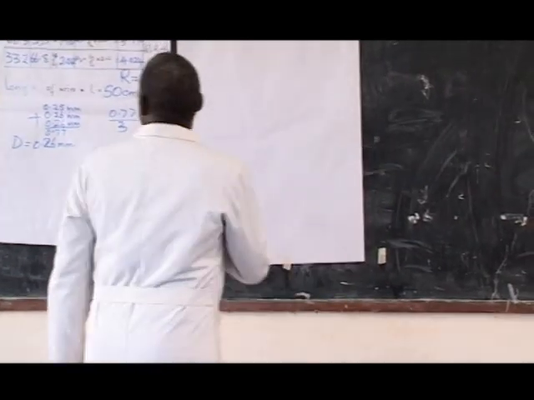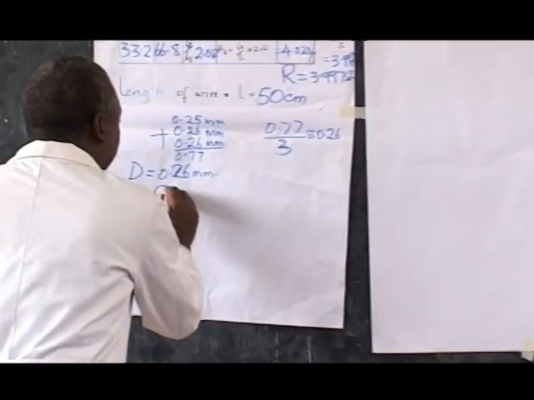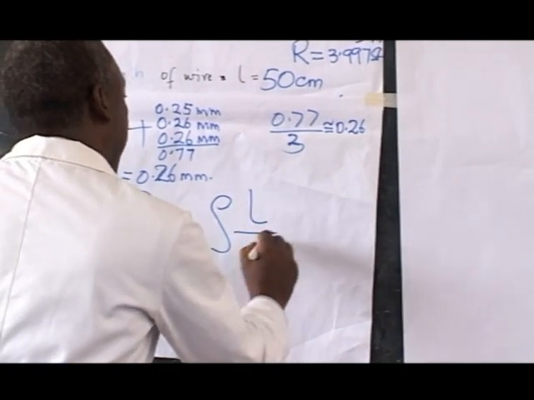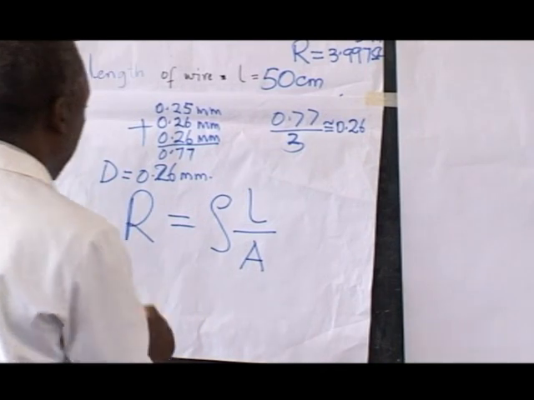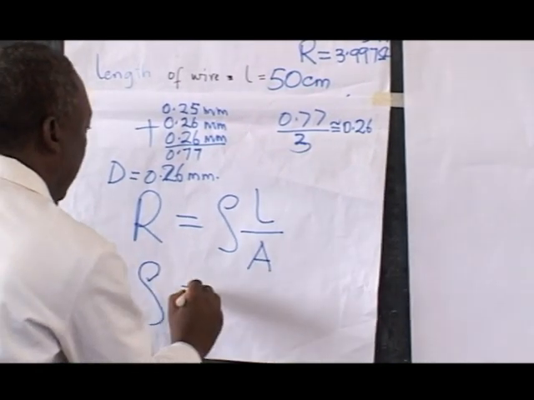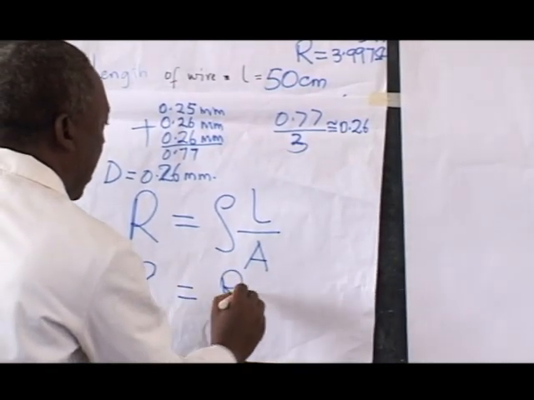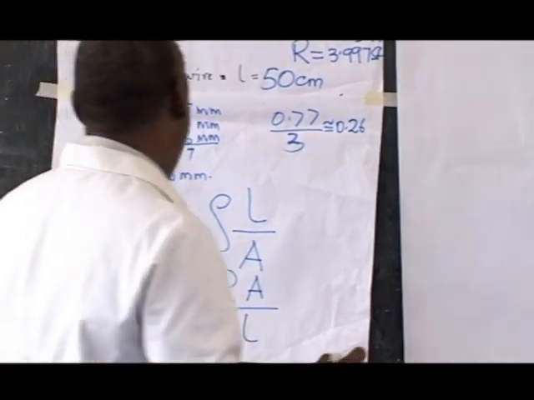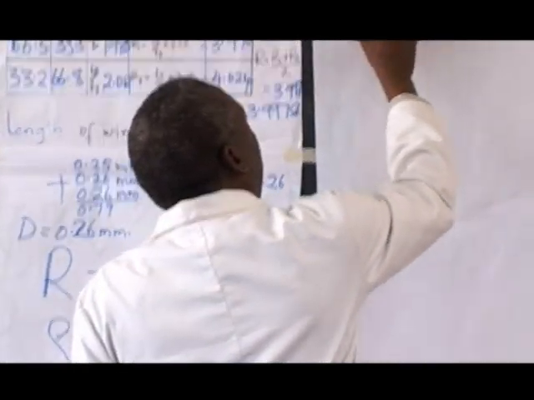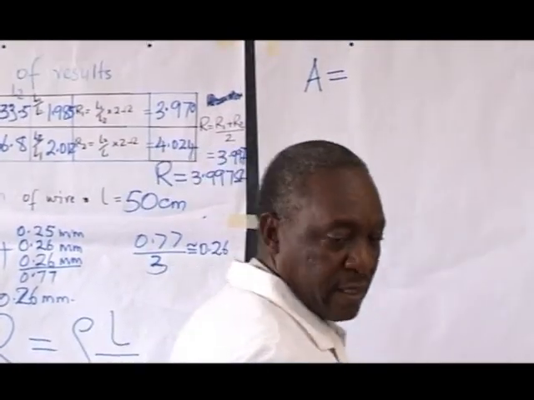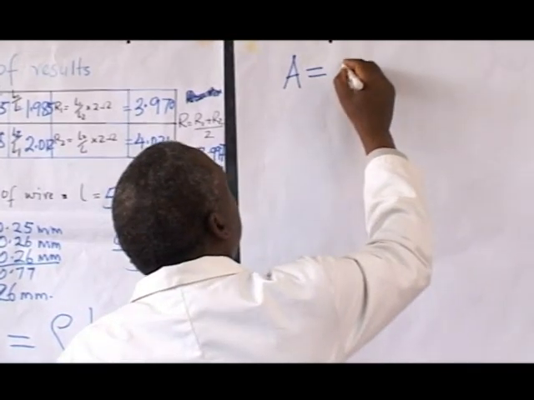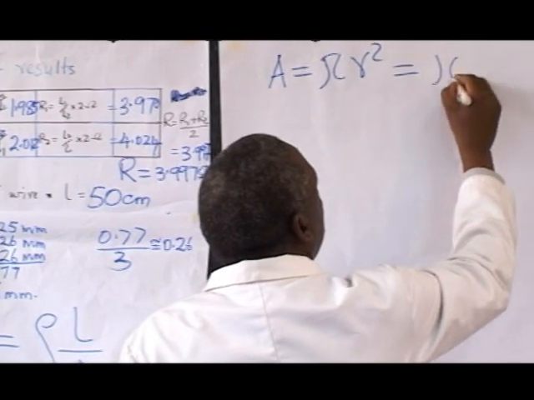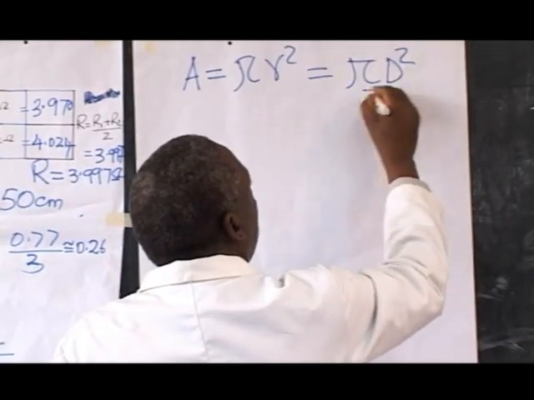Now, the resistance is given by resistivity times length over area. We need to find the resistivity. It will be given by R times A over L, whereby the area of the circle is given by pi r squared or pi d squared over 4.